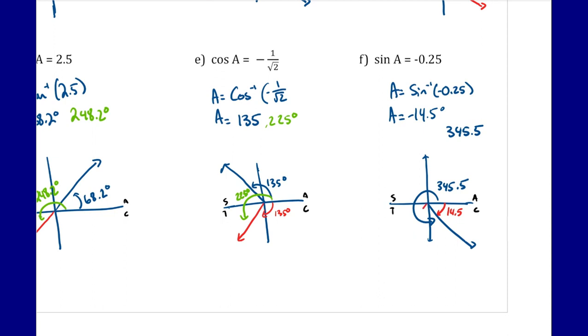So we're going to draw out a line there. I'm going to use the reference angle of 14.5 to find this full angle. So 180 plus 14.5, which is 194.5.